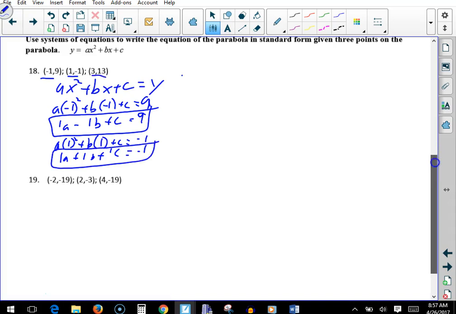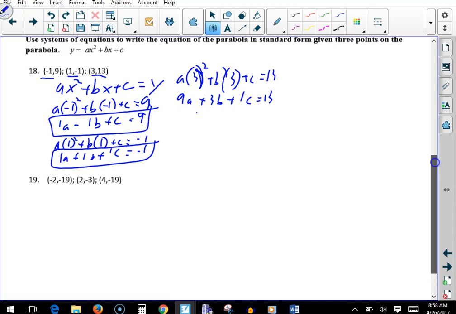Here, 3. A, 3 squared. That's supposed to be that, sorry. Plus B, 3. Plus C equals 13. Now I just square 3 and put it in front of the A. I move the 3 to the front of the B. The 1C equals 13.